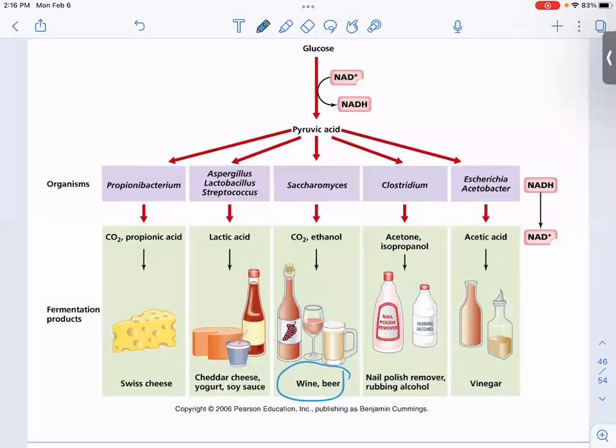Things that you don't even think about being products of anything organic: acetone, isopropanol, acetic acid, that's vinegar. So again, thanks to bacteria. Not a list to memorize, just recognize the help that they give to us.